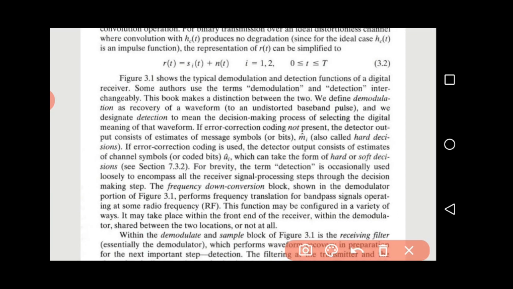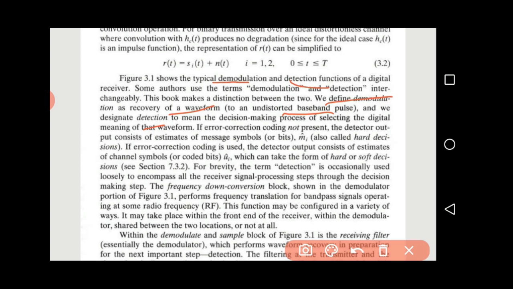This figure shows the typical demodulation and detection functions of a digital receiver. We define demodulation as recovery of a waveform to an undistorted baseband pulse, and we designate detection to mean the decision-making process of selecting the digital meaning of that waveform.